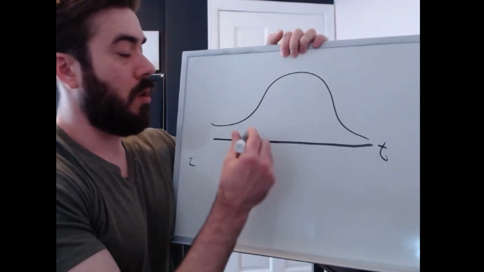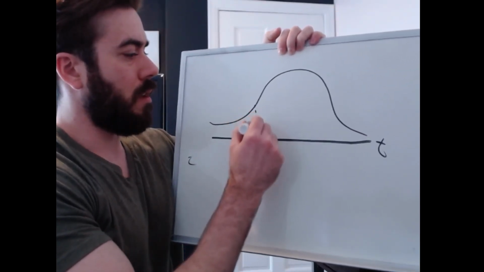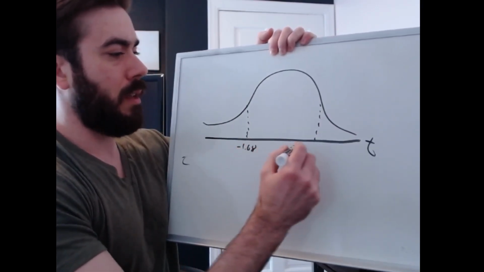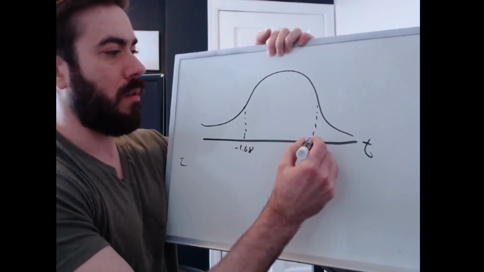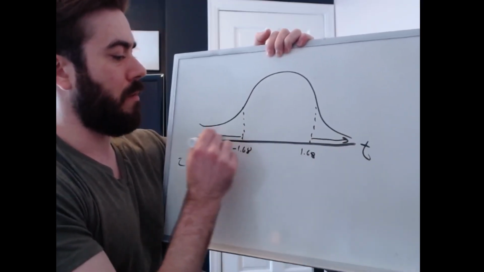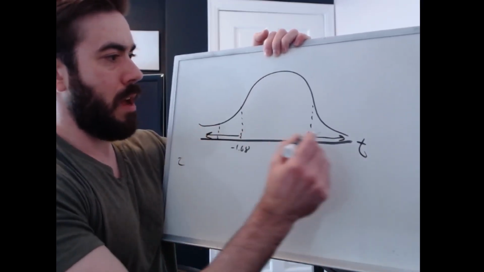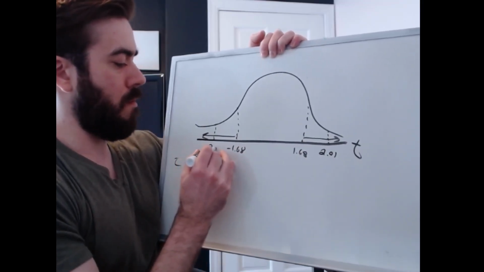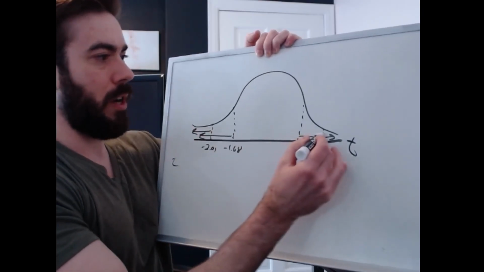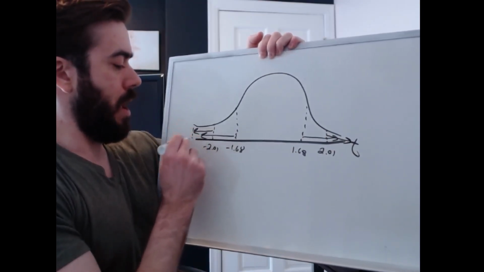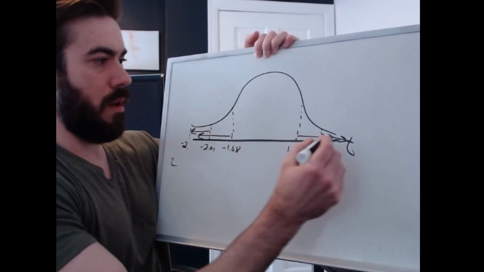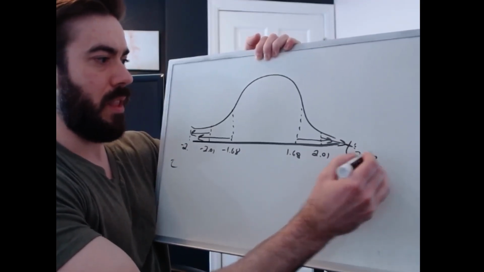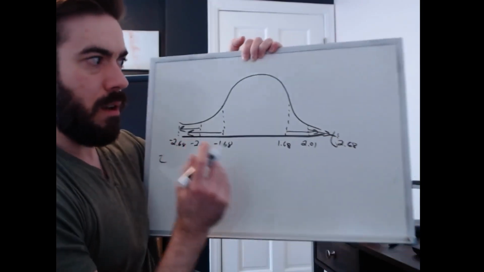Okay, so I looked up my critical values. I had positive and negative 1.68 was the first one. So here's my rejection region. I had positive and negative 2.01. Here's my rejection region. And then I had positive and negative 2.68, let me check.